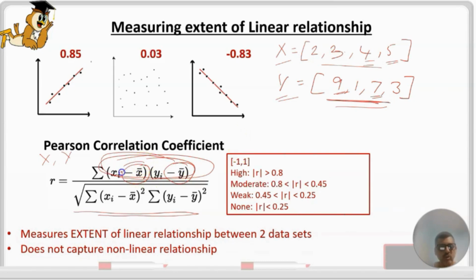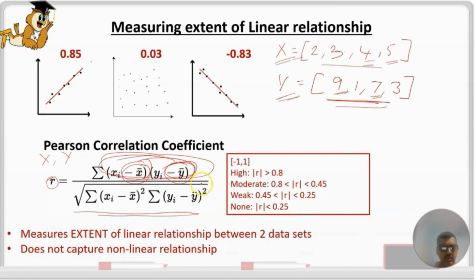So if you subtract the averages from each point in the data set, you would end up with a high magnitude negative sign R for negatively correlated data points. Negatively correlated data points would be, for example, if the smallest value in x corresponds to the largest value in y, and so on. So this is what the Pearson correlation coefficient does.